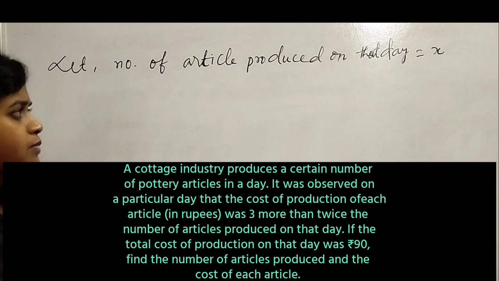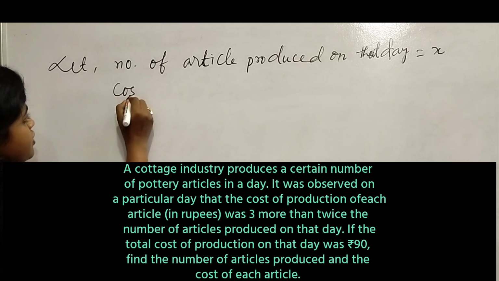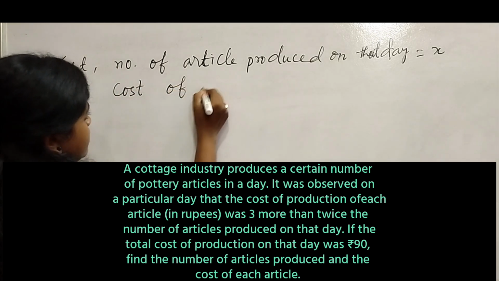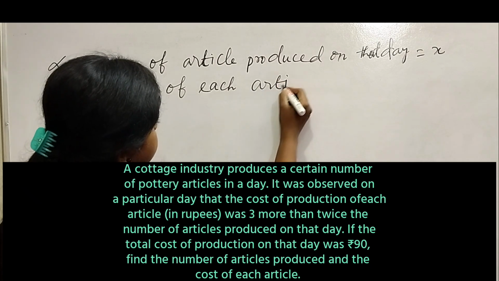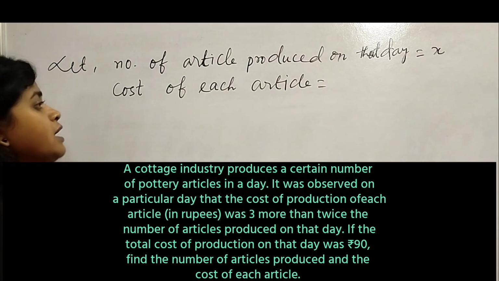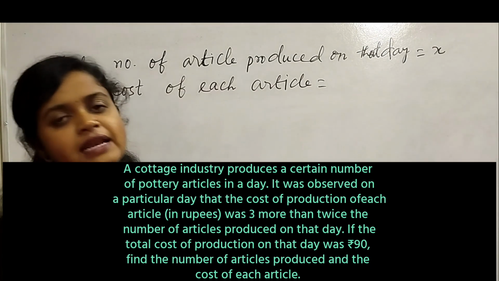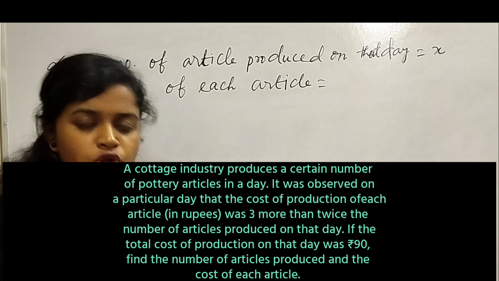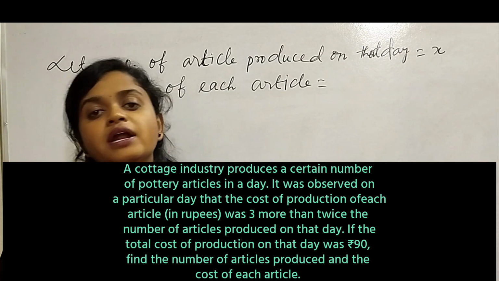x number of articles produced in a day, and the cost of each article equals to what would be in terms of the article number. There is a condition that the cost of each article is determined like that: 3 more than twice the number of articles on a particular day.